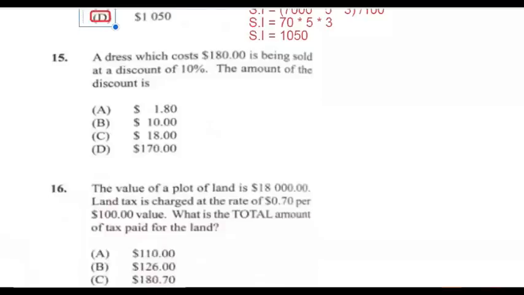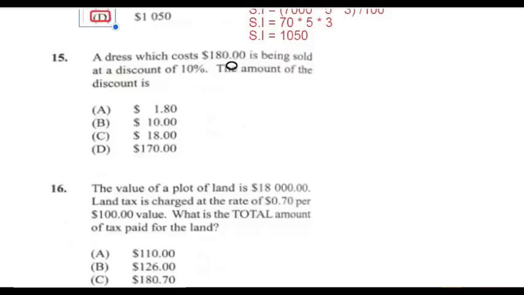15. A dress which cost $180 is being sold at a discount of 10%. The amount of the discount is. So what we're trying to find is 10% of 180, and that is a simple calculation without even using a calculator.